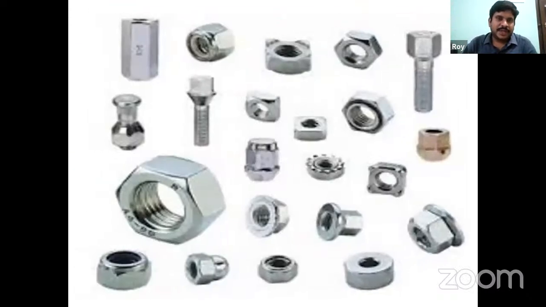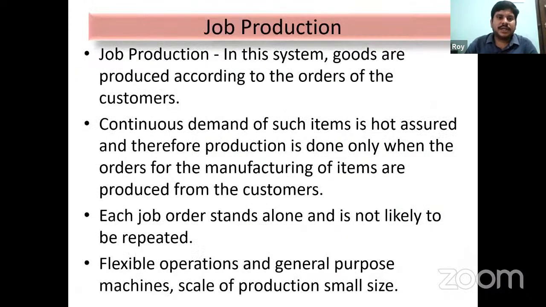Let's go into this. As we have seen, there are different types of processes. Every company or every organization, in other words every manufacturing unit or every factory, based on their capacity, that's what we have seen in the previous class about capacity planning, based on the type of product, based on the number of quantity or how many products they are going to produce, based on different parameters, they will choose a different kind of process.